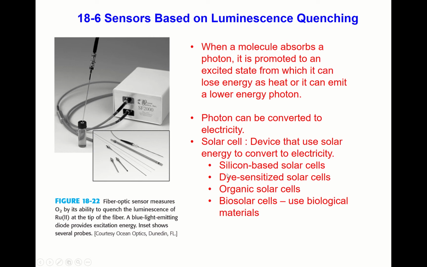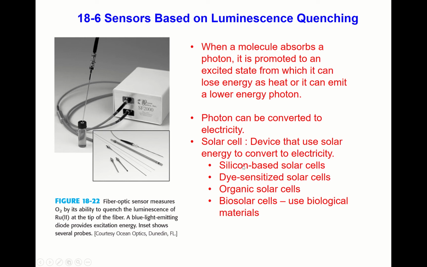The commercially available solar cell is the silicon-based solar cell. Our government also invests a lot to construct silicon-based solar cells. But unfortunately, the efficiency is not very high. Anyway, this is the only solar cell that is commercially available.